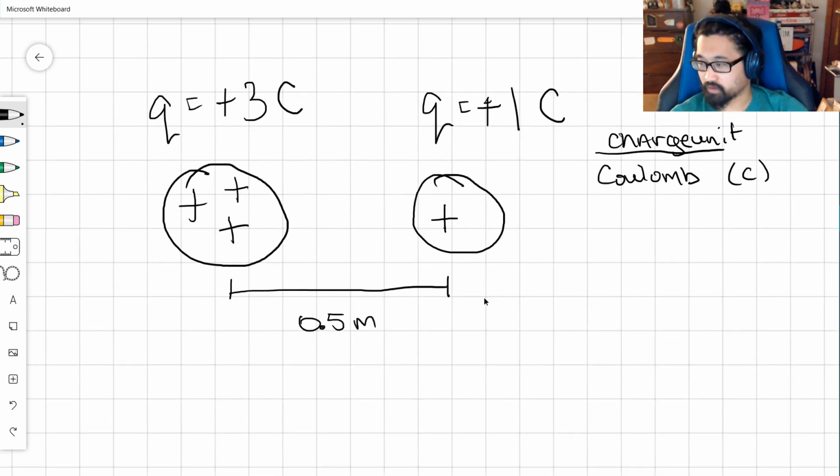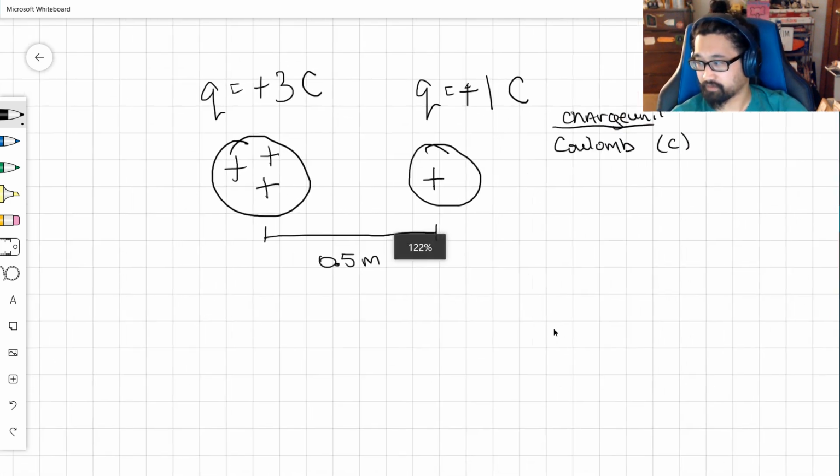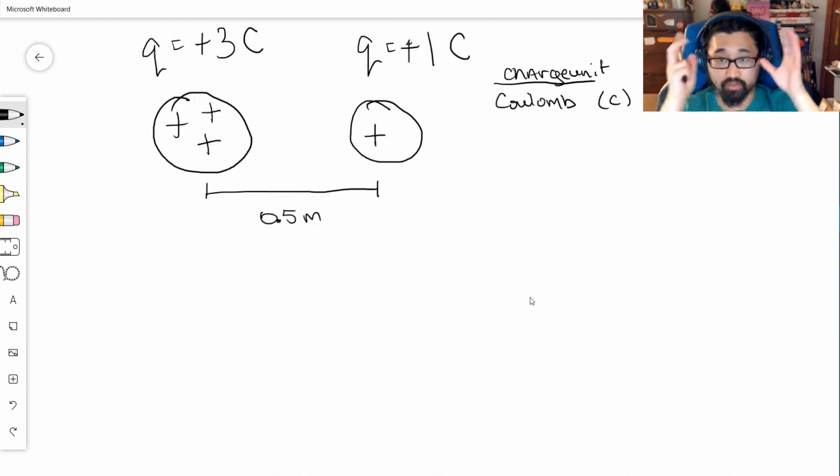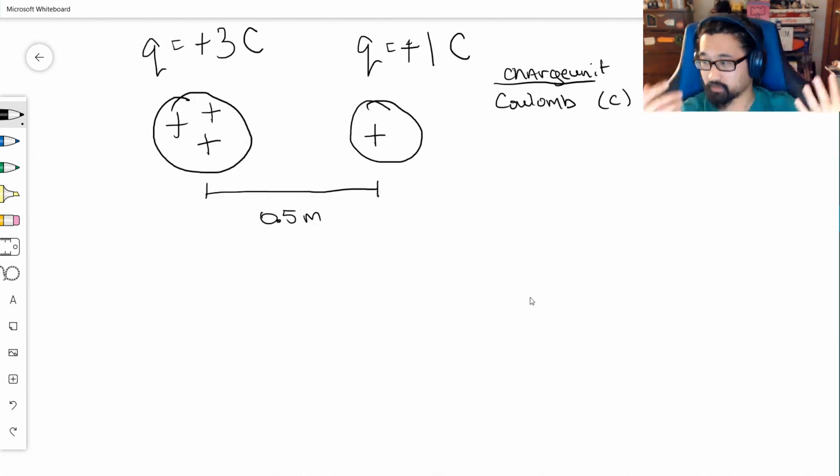What I'm going to talk about is what happens if I take these two charged objects, I touch them together, and then I take them apart from each other. All right? What's going to happen with two objects is the charge will be conserved. I'm not going to gain or lose charge.